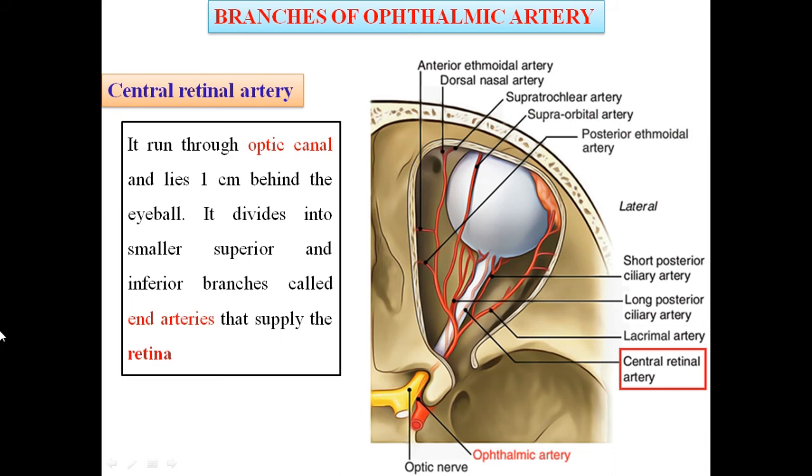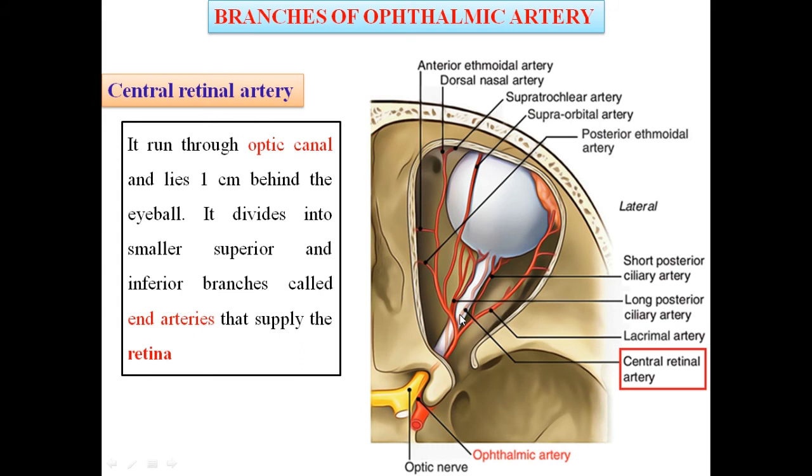So here the central retinal artery passes through the optic canal, comes directly from the ophthalmic artery, and lies 1 centimeter behind the eyeball. It divides into smaller superior and inferior branches. You can see those very small branches, which are called end arteries.